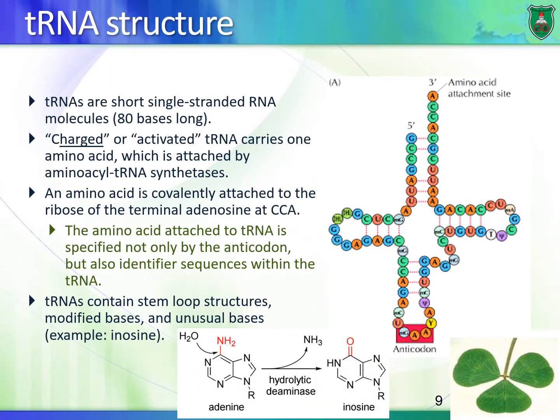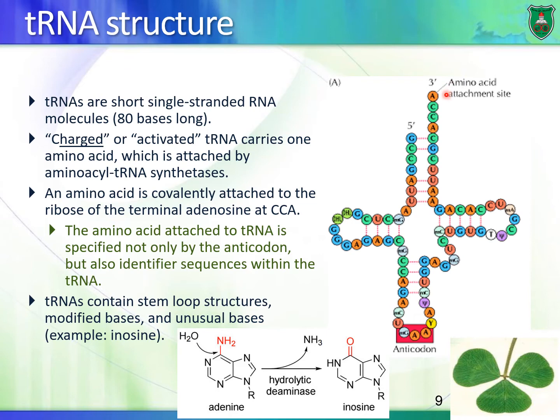So let's go back to the components of translation machinery. You have tRNA, and tRNA molecules are short, single-stranded RNA molecules. They are about 80 bases long. They are linked to amino acids at the 3' end of the tRNA.